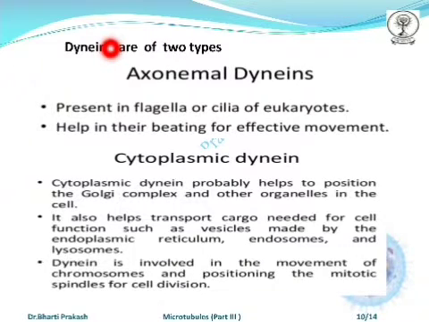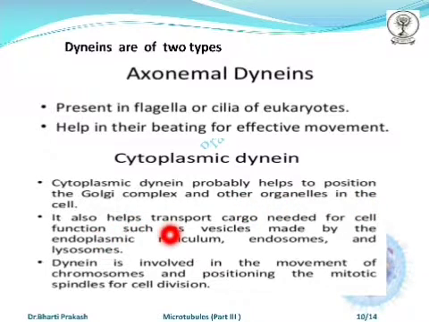Now, dyneins are of two types: axonemal dynein and cytoplasmic dynein. The axonemal dyneins are present in the flagella or cilia of eukaryotes, and they help in their beating movements for effective movement. The cytoplasmic dyneins probably help to position the Golgi complex and other organelles in the cell.